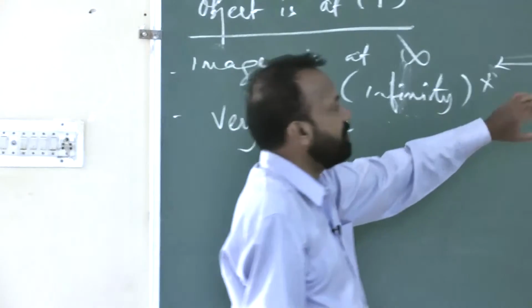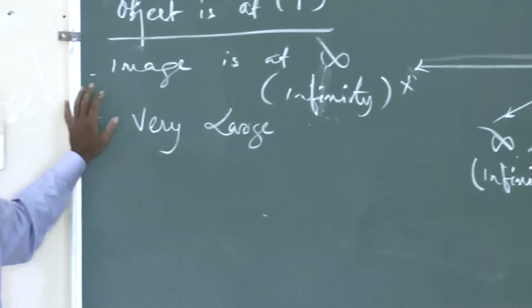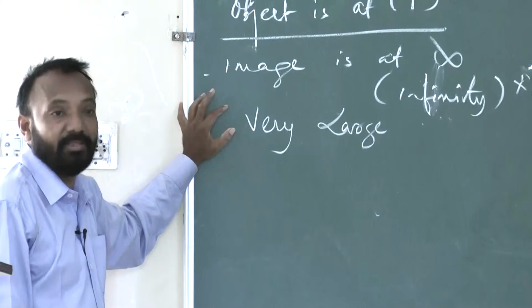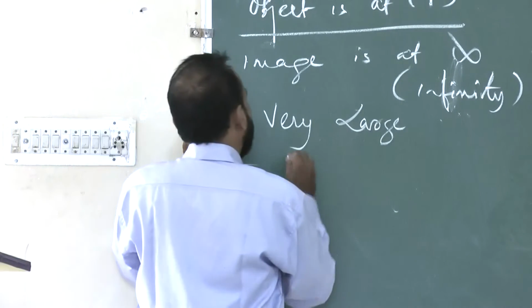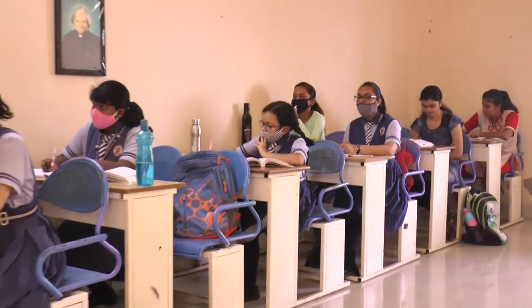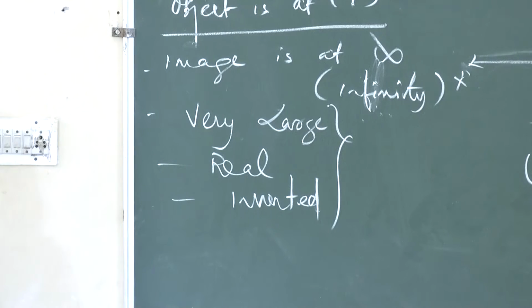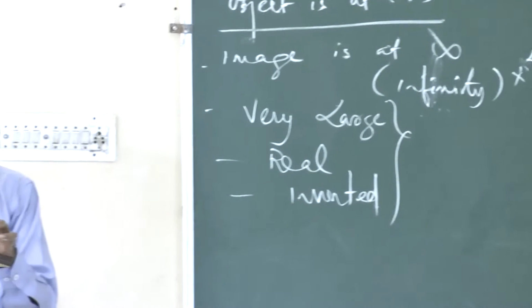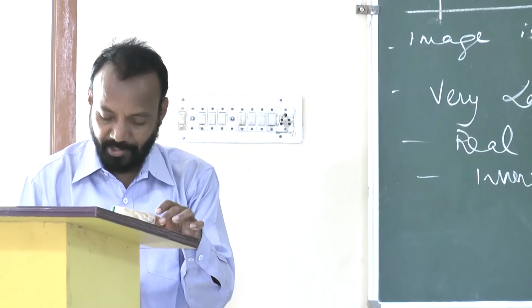The object size is very small, you see. And if the rays meet at infinity, you can imagine the image is much bigger than the object. A magnified image we will get. And no doubt it is real and also inverted. These are the different natures of the image. Okay? Any doubt?